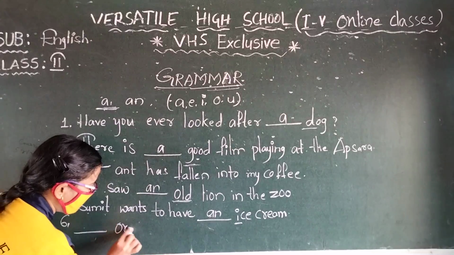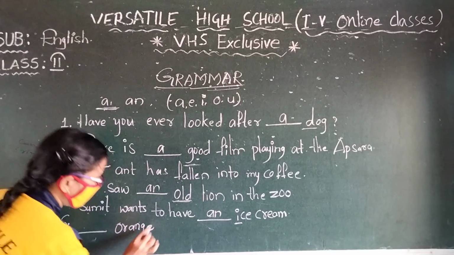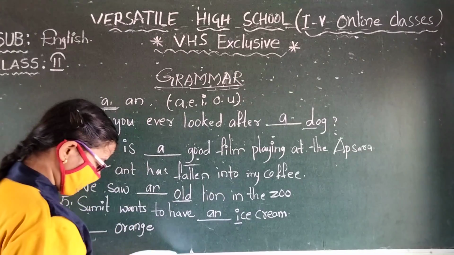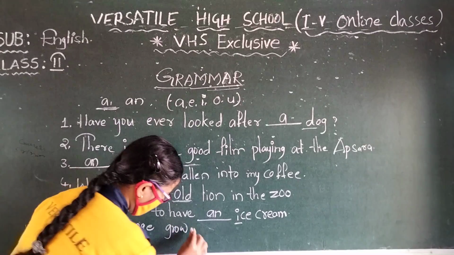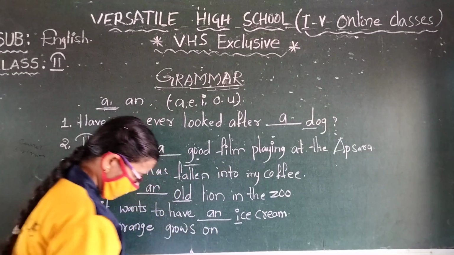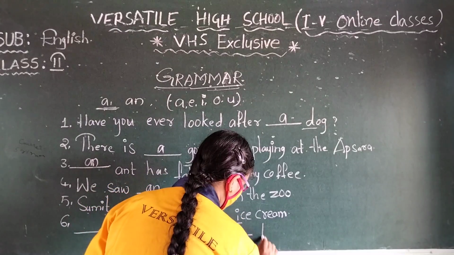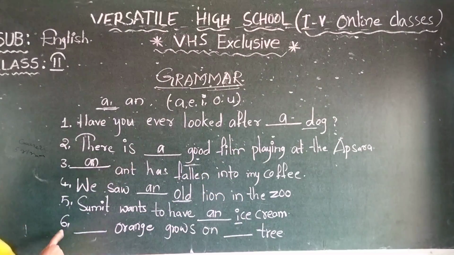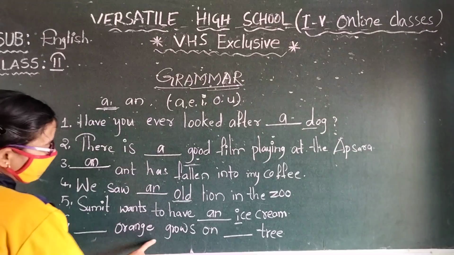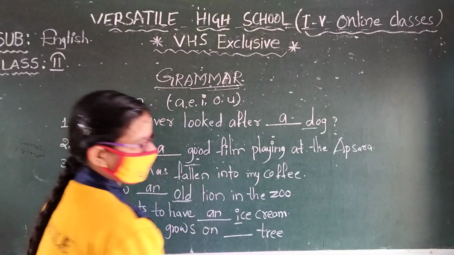Then the sixth one. Dash orange, O-R-A-N-G-E, orange, grows on dash tree. The sixth one is dash orange grows on dash tree.